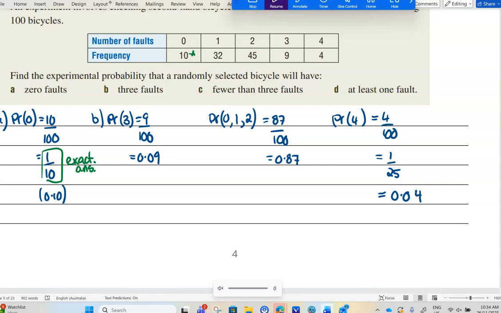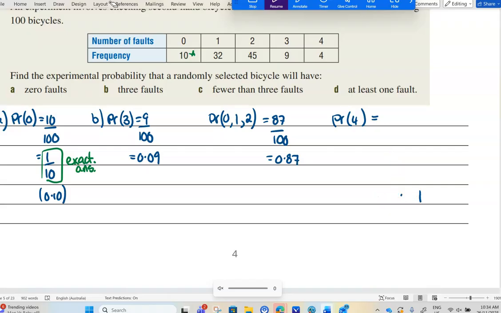The probability of fewer than 3 faults. If you're fewer than 3, it's either 0, 1, or 2. So they added up to be 87 out of 100. And then the probability of at least 1 fault. Actually, did I do that one wrong?